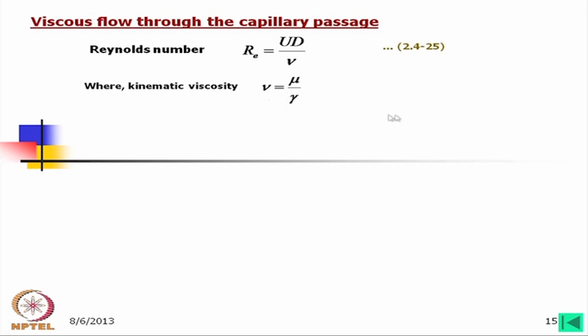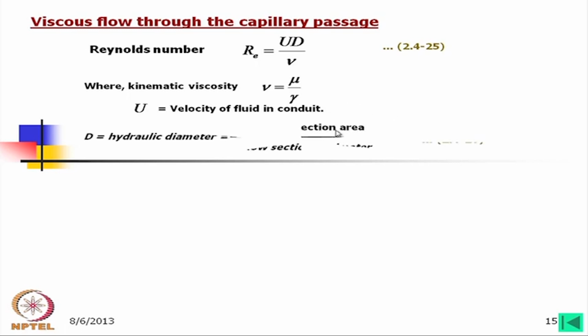Here U is the velocity of fluid in the conduit. Normally this Reynolds number becomes very high, where d is the hydraulic diameter, which is equal to 4 into the flow section area divided by the flow section perimeter.